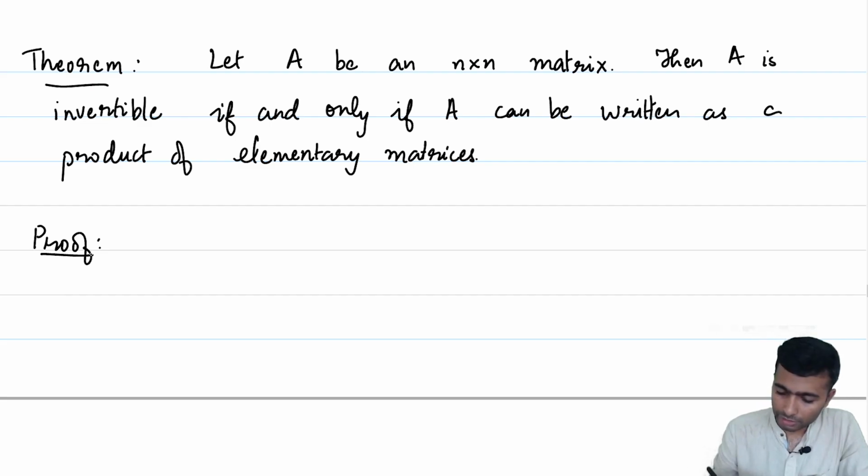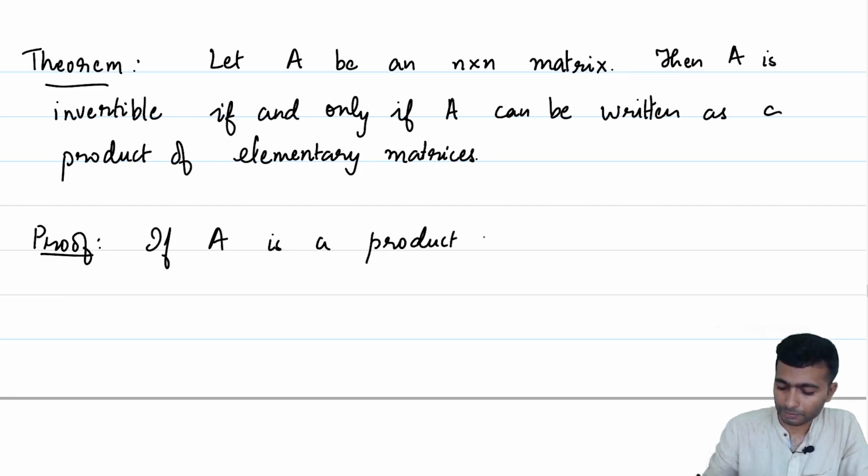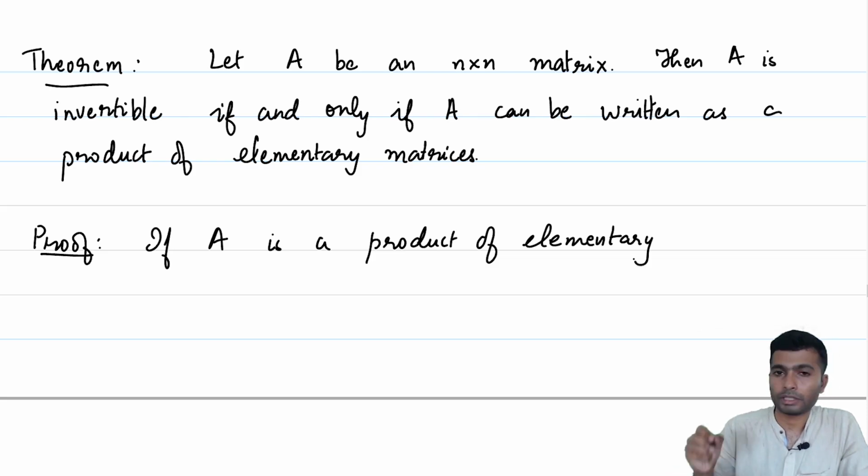One side is straightforward. If A is a product of elementary matrices, then notice that each of the elementary matrices is an invertible matrix.